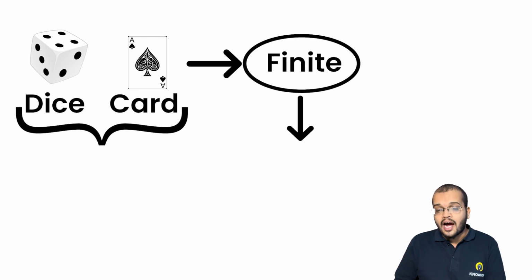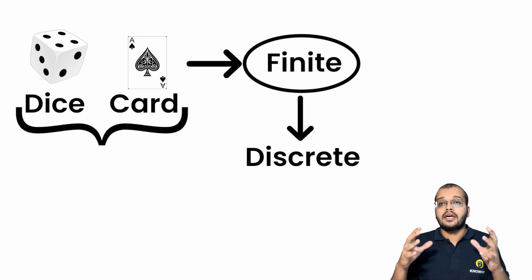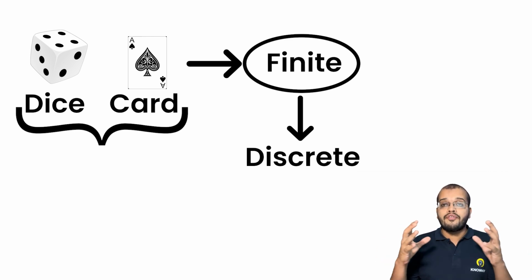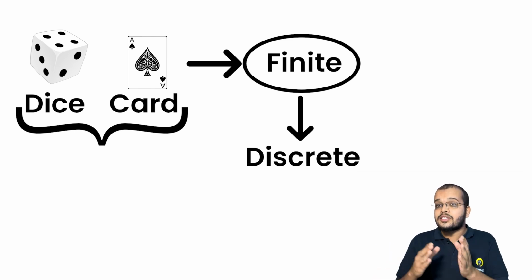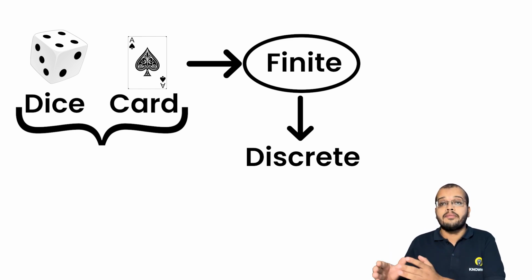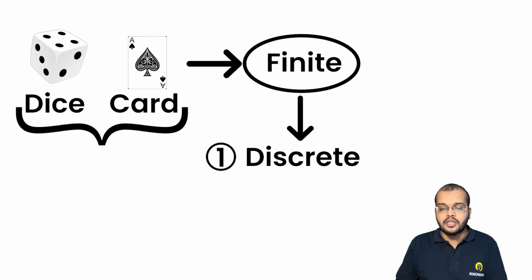When they have a finite number of outcomes, we call this a discrete distribution. A discrete distribution groups the different possibilities and has finite outcomes. So this is the first type of distribution that we have.